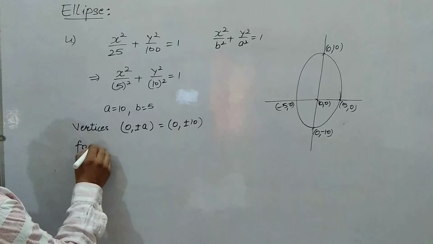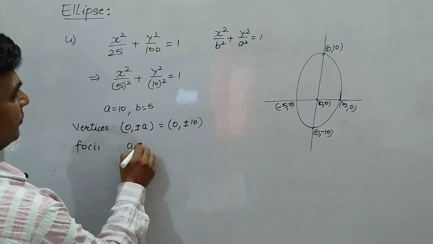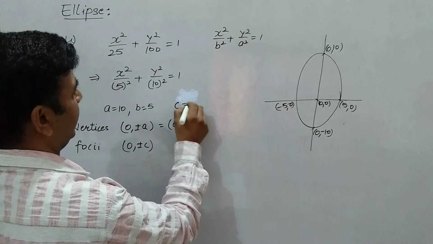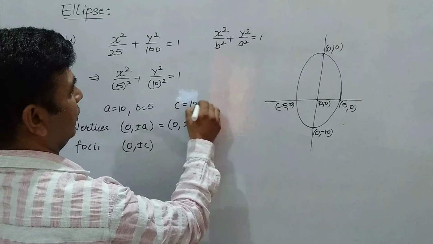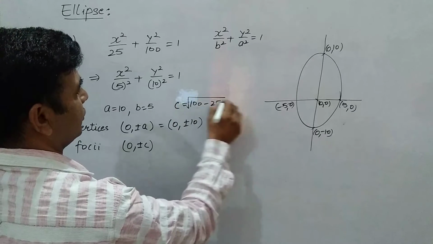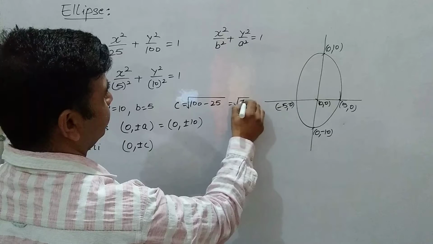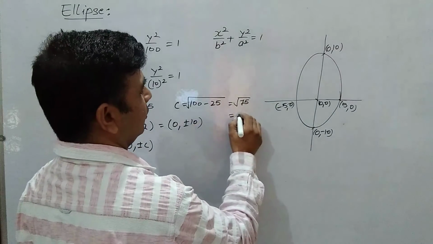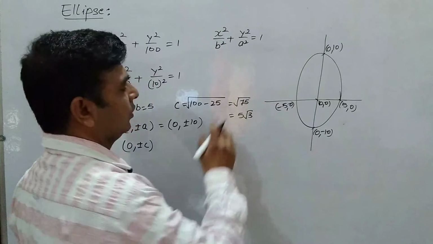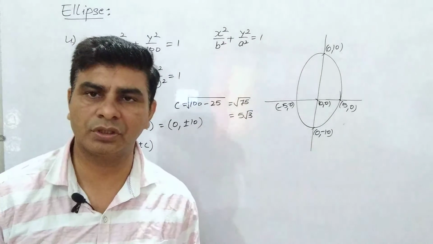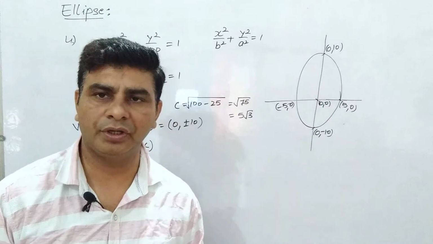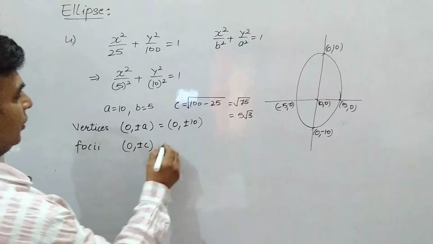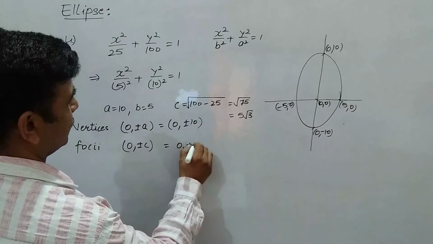Foci will be given by 0 comma plus minus c, and first of all we need to find the value of c, which can be obtained by the square root of a square minus b square, which is nothing but root 75, and this can be written as 5 root 3, because if you factor 75, children, it becomes 25 into 3, and the root of 25 is 5, so 5 root 3 will be there. So the foci will be 0 comma plus minus 5 root 3.